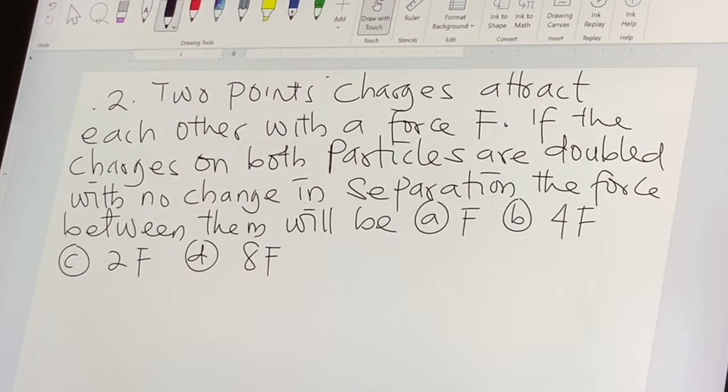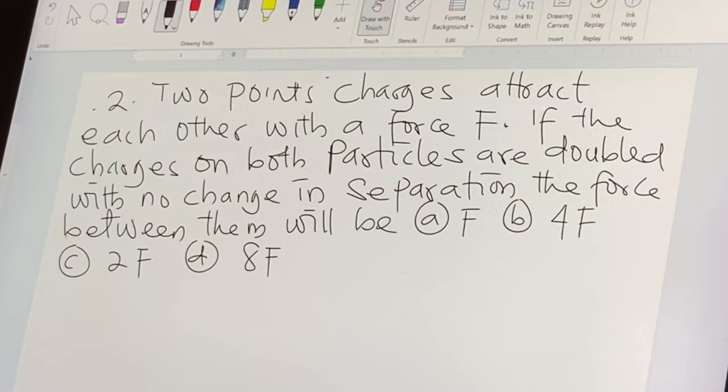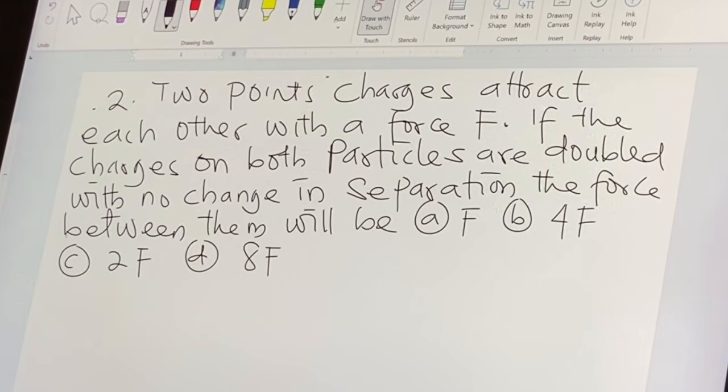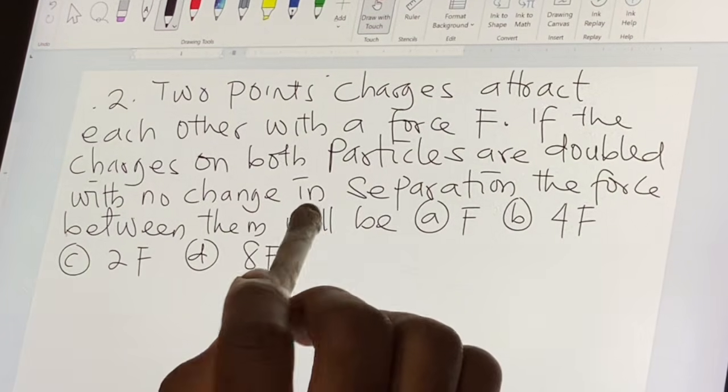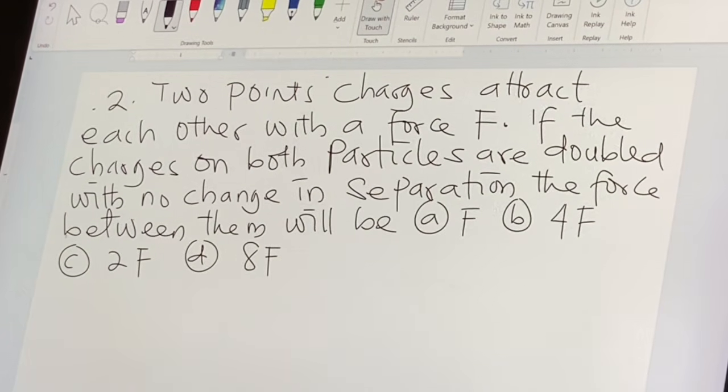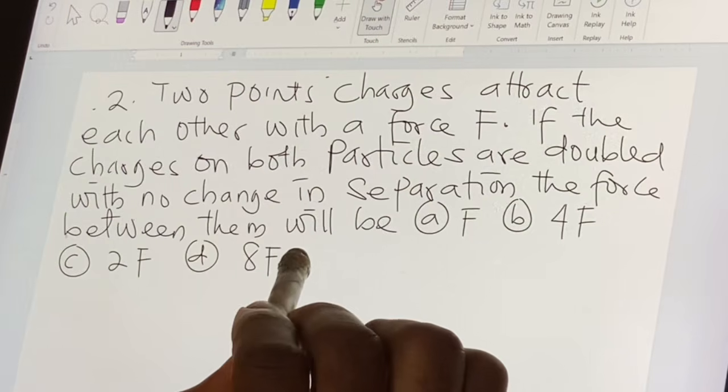If the charges on both particles are doubled with no change in separation, the force between them will be, the options are A, F, B, 4F, C, 2F, D, 8F. So let's solve this question here to know the right option, solution first.